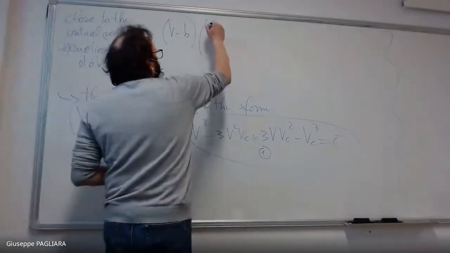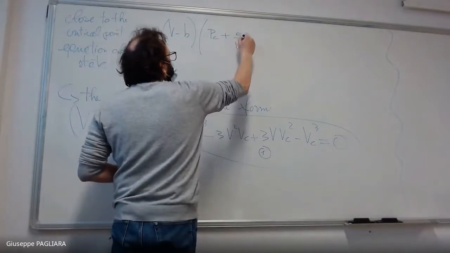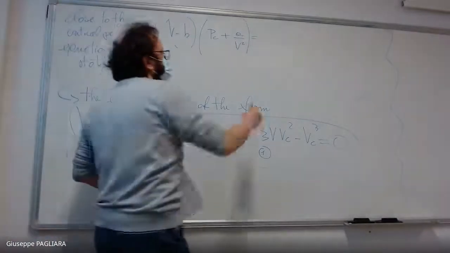We write critical pressure plus A divided by V squared, and then this is equal to R Tc.